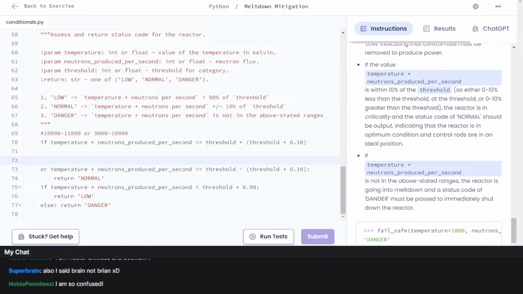Noble Penniless says I am so confused. I read his message as Brian, so I thought he said his name was Brian, but he just said his name was Brain, because he's Superbrain. Noble Penniless says how many Brian/brains are there?